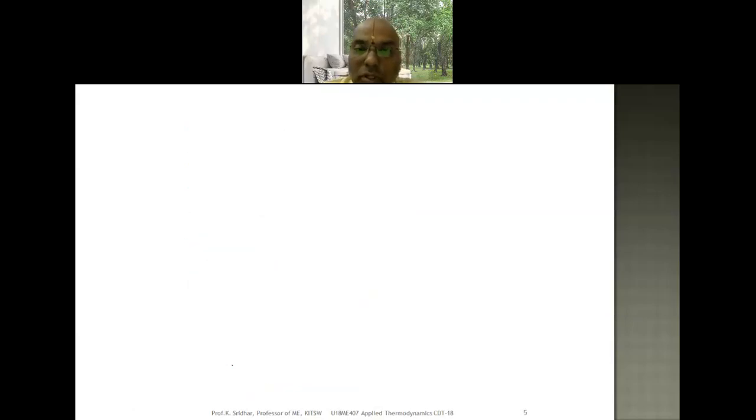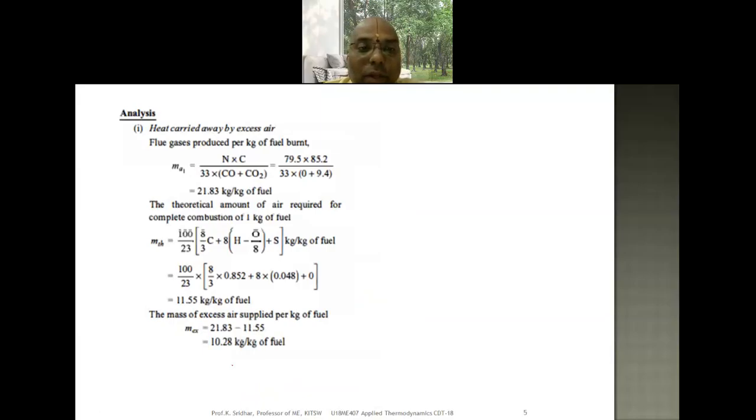Now, based on the previous class theory, let us see how to calculate the heat carried away by the excess air. We know the formula for the flue gases produced per kg of the fuel burnt. By substituting the nitrogen percentage, carbon, carbon monoxide and carbon dioxide, we are able to estimate that the M_EA1 value is equivalent to 21.83.